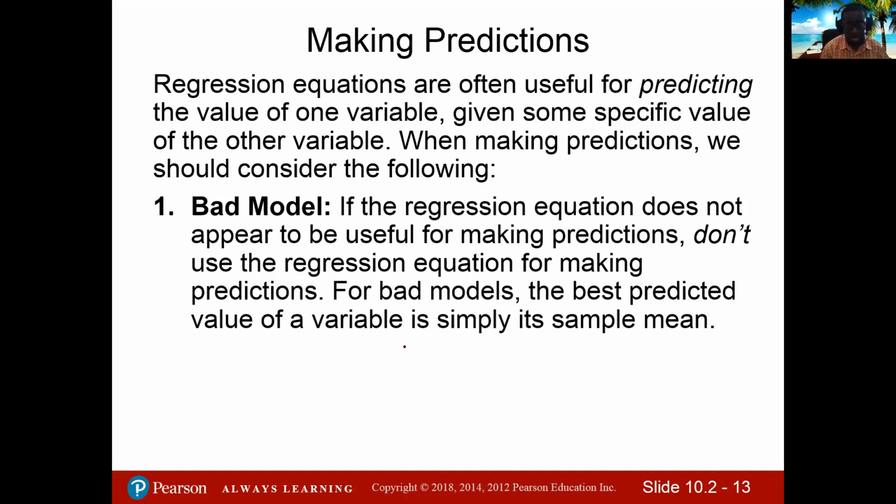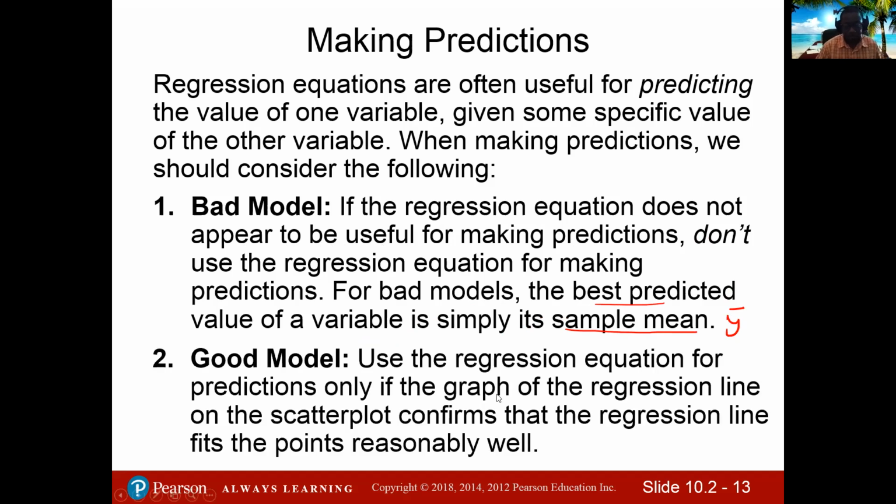When that's the case, the best predictor is what? The sample mean of your what? Of your response variable. So you use what? The mean of the Y. So that is the summary of that.